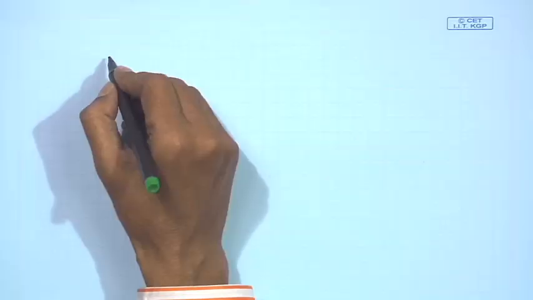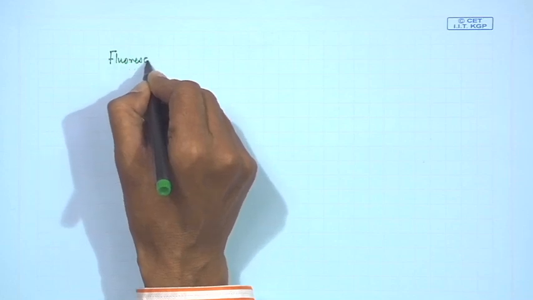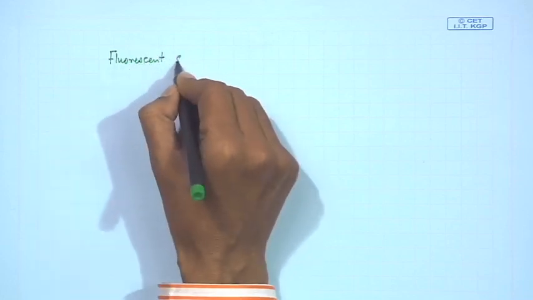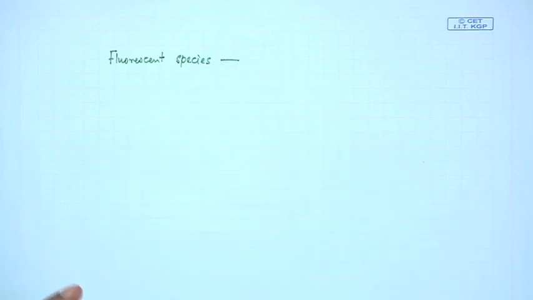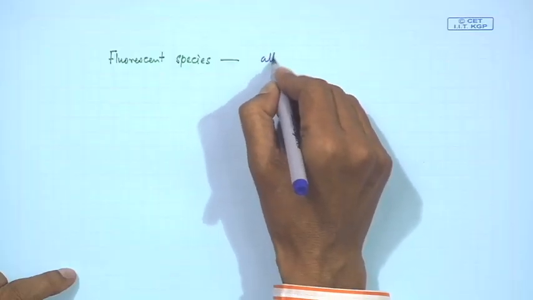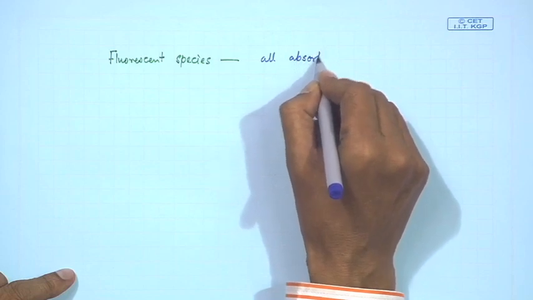So, we must have some species which we call a fluorescent species. The fluorescent species is responsible for our emission pattern, and it comes from absorbing species or absorbing molecules.